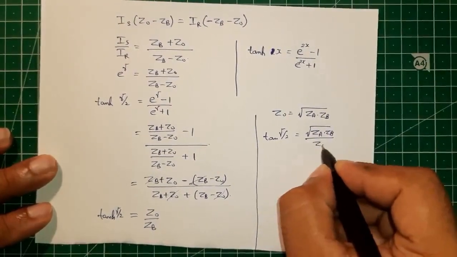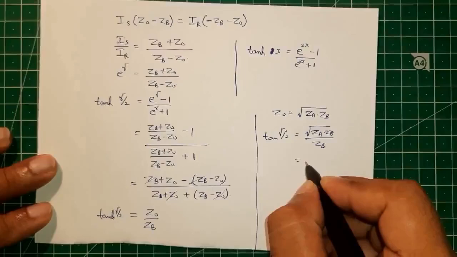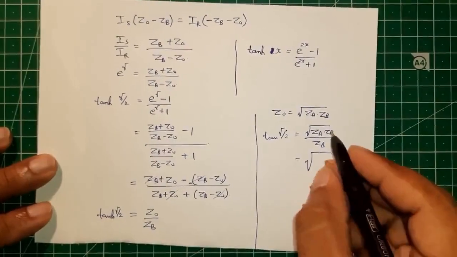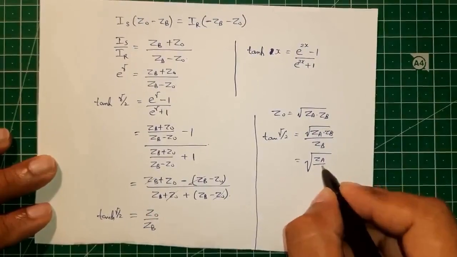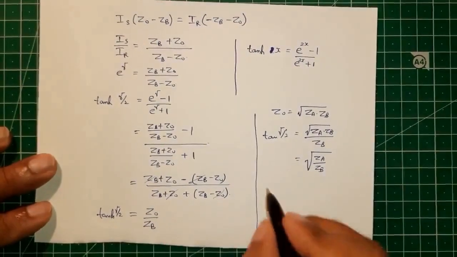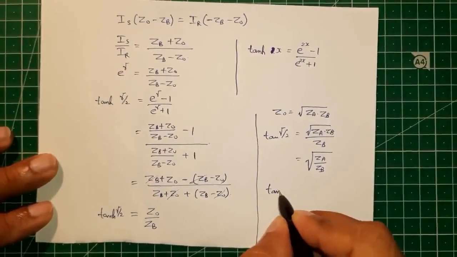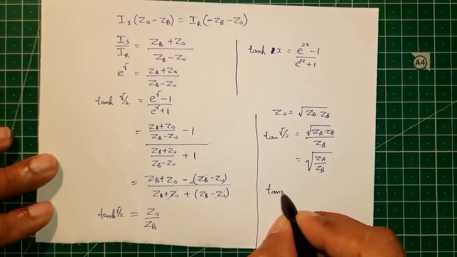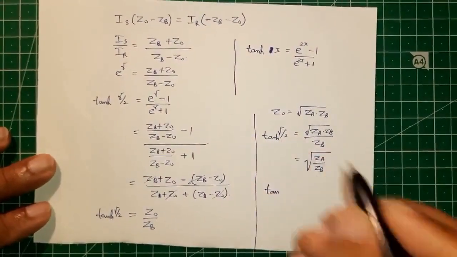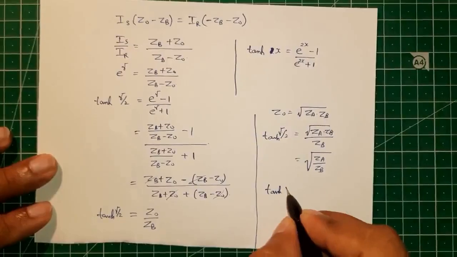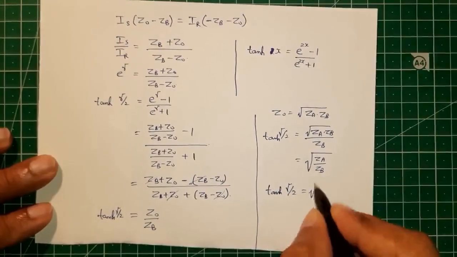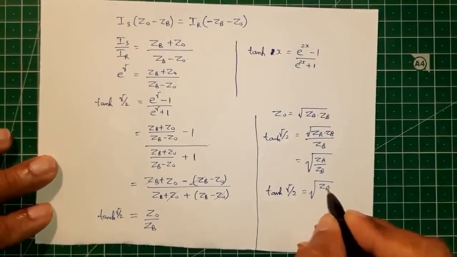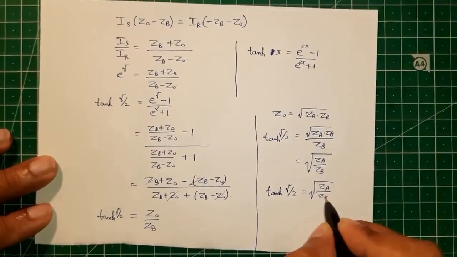So ZB and this will get cancelled, and we get root of ZA by ZB. So the propagation constant for our lattice network is tan h gamma by 2 is equal to root of ZA by ZB.